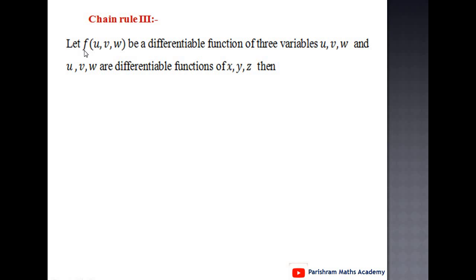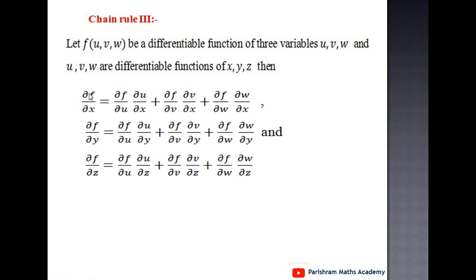We can find the derivative of function f with respect to x, y, z partially, given by ∂f/∂x equal to ∂f/∂u into ∂u/∂x plus ∂f/∂v into ∂v/∂x plus ∂f/∂w into ∂w/∂x. This is the partial derivative of function f with respect to x.